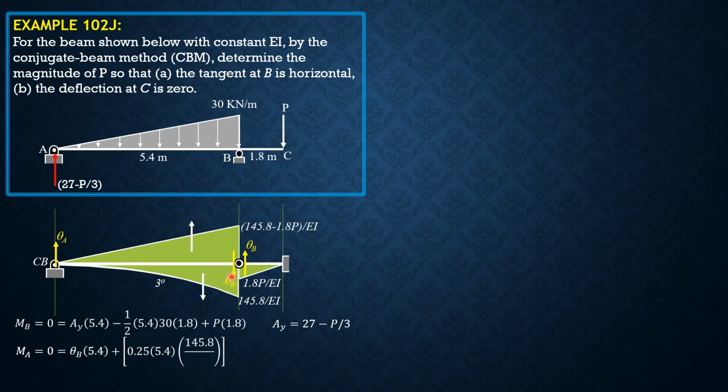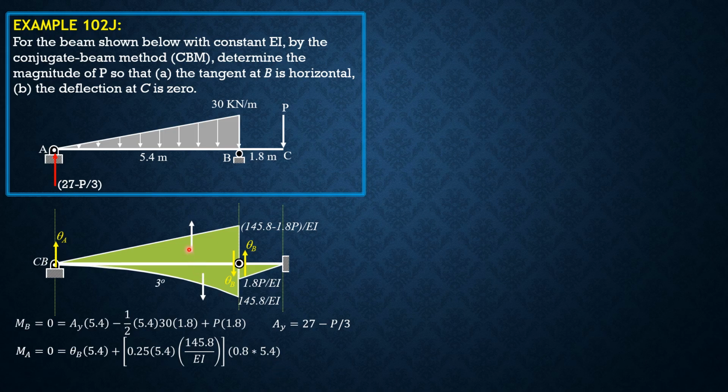The moment arm is 1/5 of 5.4 plus 3/5 of 5.4. 1/5 of 5.4 is 0.2 of 5.4, therefore this distance is 0.8 of 5.4. That's why the moment arm from A is 0.8 of 5.4.